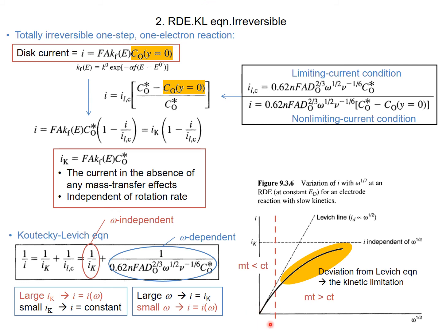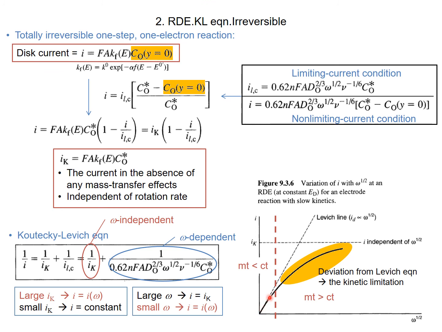At very slow rotation, of course, mass transfer is much slower than the charge transfer. So, at this rotational speed, the system is mass transfer limited. Of course, the current is a kind of limiting current. So, at slower rotation, the experimental data follow the Levich line.